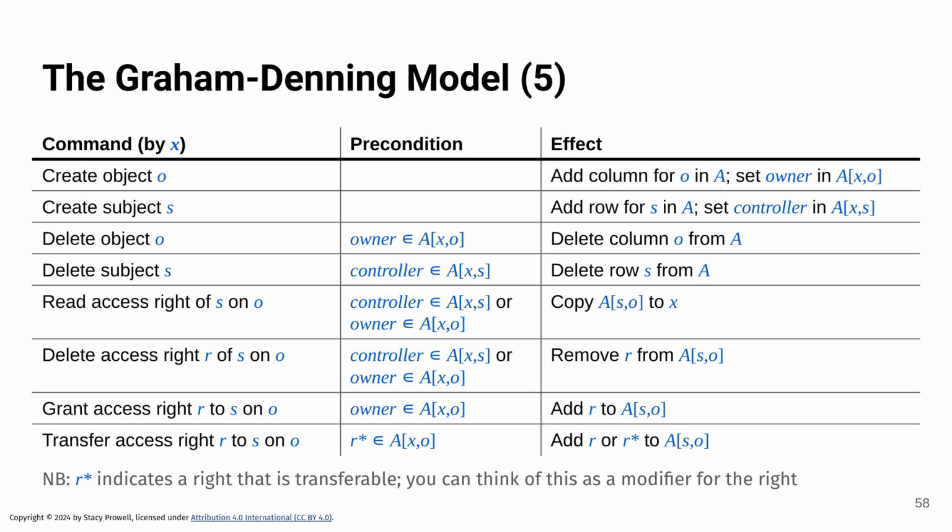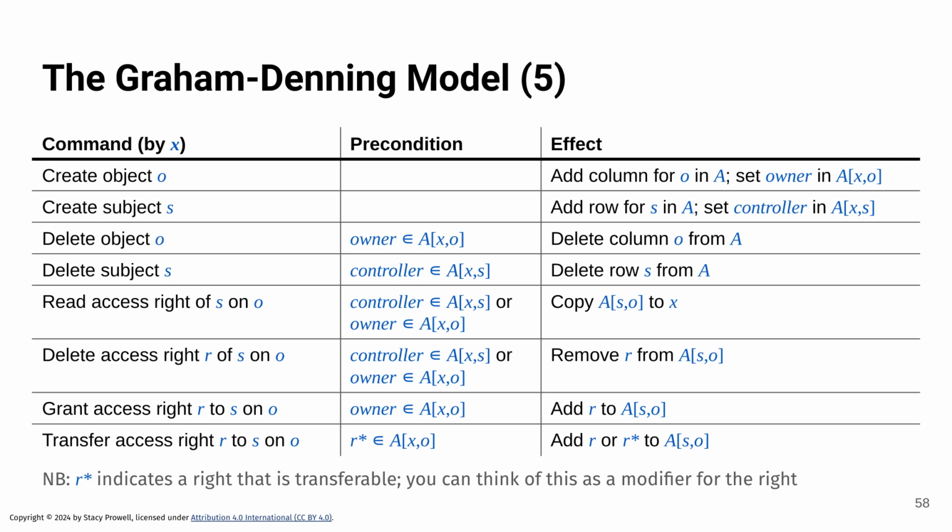So here's a summary of how all this works. This table is important. You should be aware of where this table is in the lecture slides, because you're going to come back to it for the homework. So you see the commands over on the left-hand column. You see a precondition in the middle, and you see the effect over on the right-hand side.